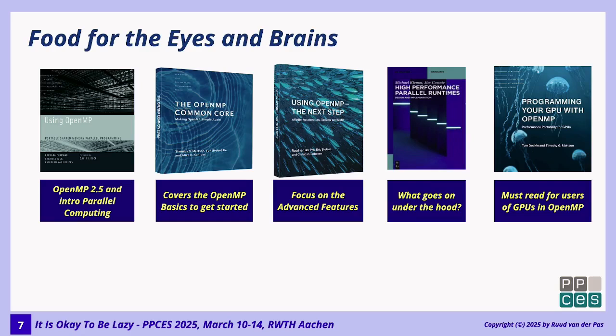Then there's another one, the Common Core. Common Core has made a selection of everything that OpenMP offers, and that's what they think is good for you, and I don't always agree with that choice, but that's what the Common Core is. Then we have the book about more advanced features, for example, all the NUMA stuff I'll talk about, the tasking, things like SIMD, they're all covered in a lot of detail here.